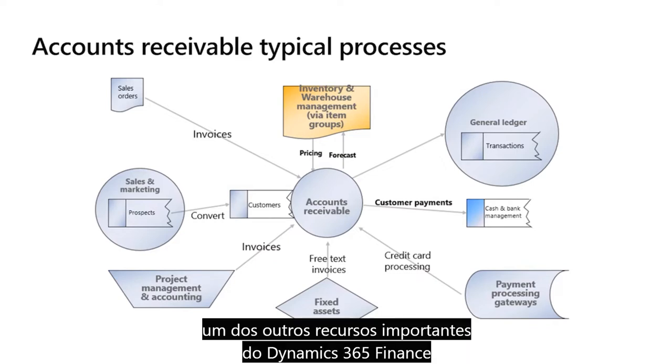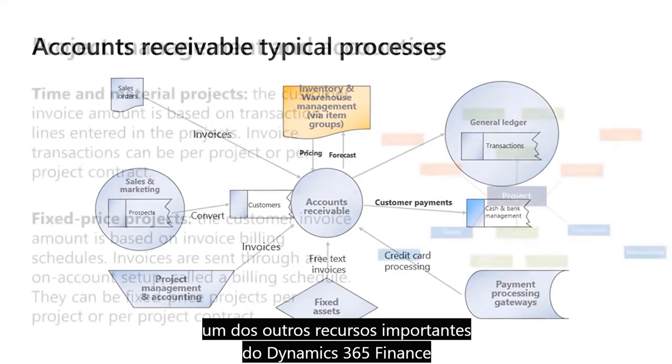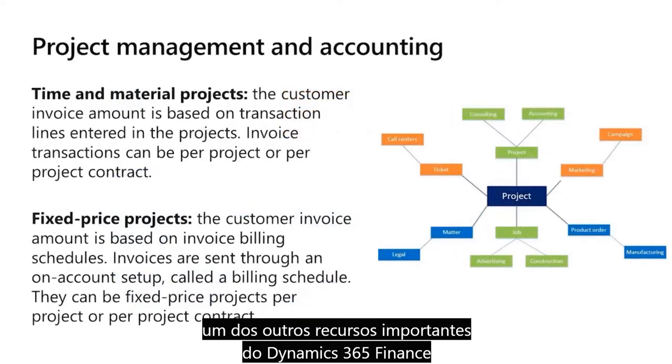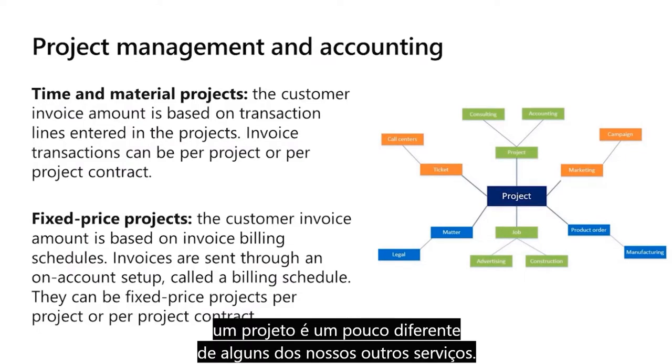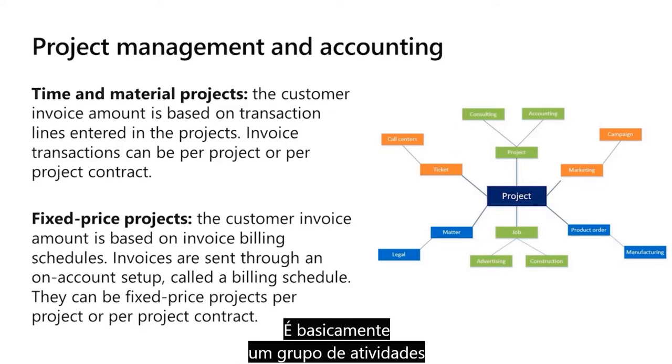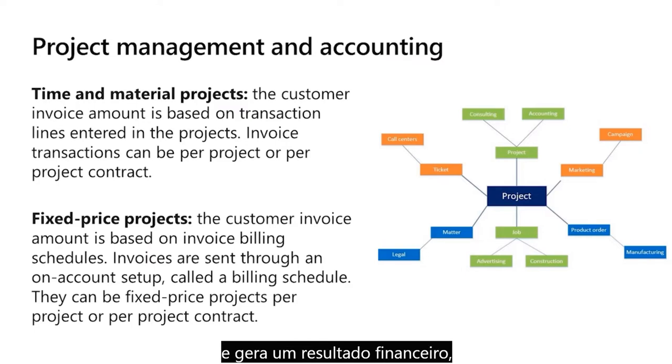Next, one of the other key capabilities in Dynamics 365 Finance is going to be project management and accounting. Now, a project is a little bit different from some of our other services. This is basically a group of activities that provide a service or produce a product or really achieve a result. So a project consumes resources and generates a financial result.